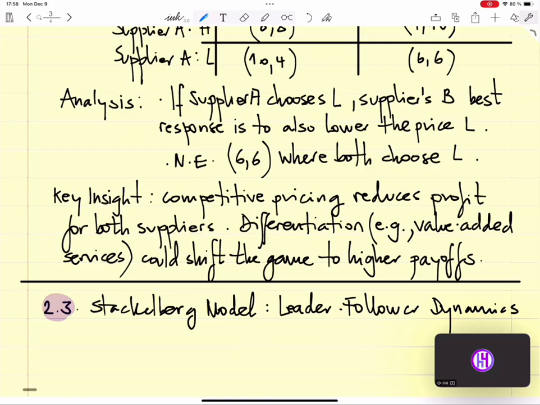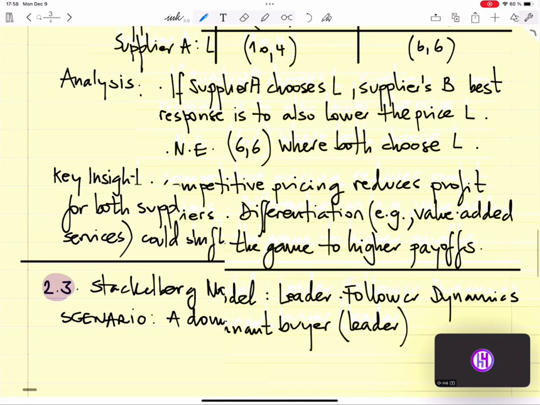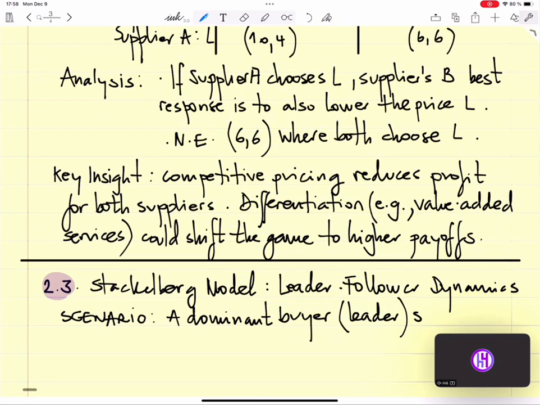You have a scenario with a dominant buyer. The leader sets order quantities.